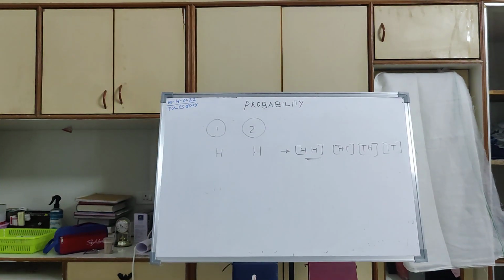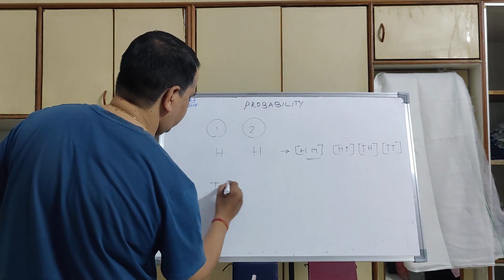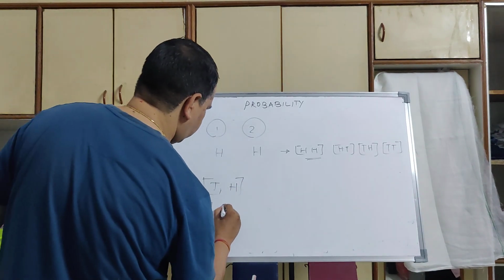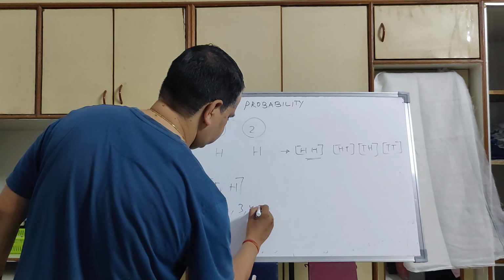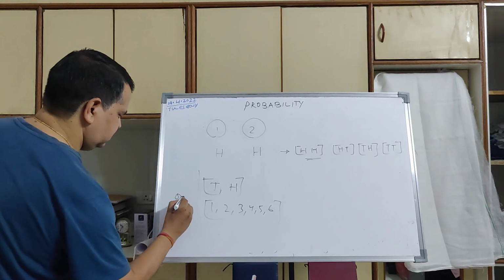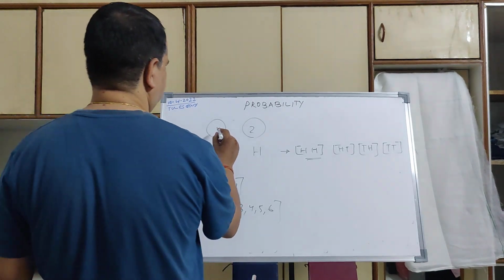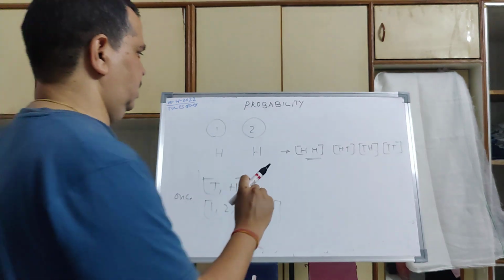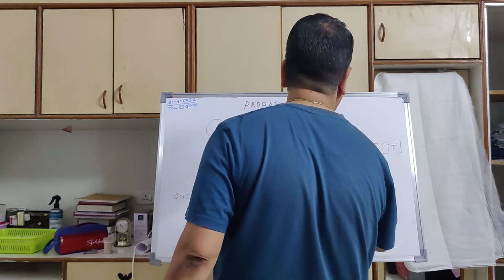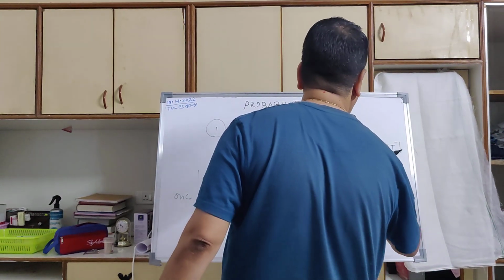But if you are tossing a single coin once, it will be tail or head, and that is its sample space. But if you are tossing a 1 rupee and a 2 rupee coin once, your sample space will be like this.